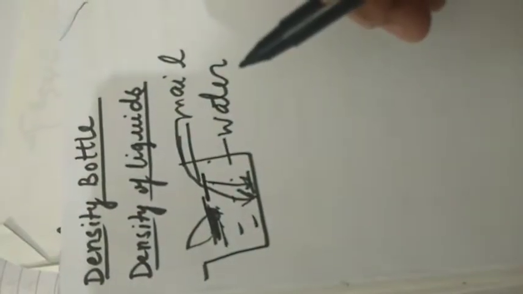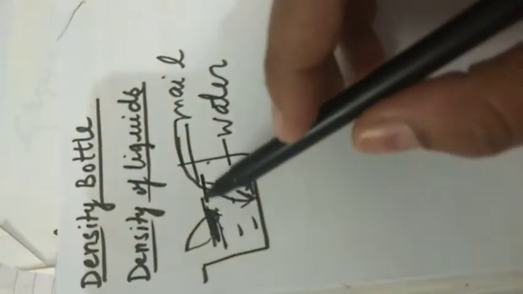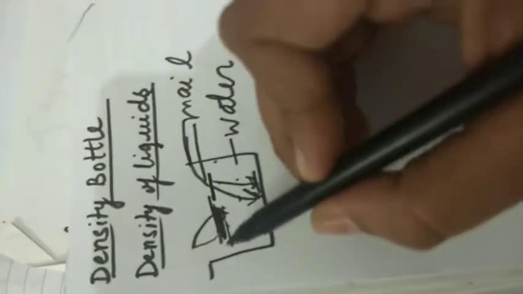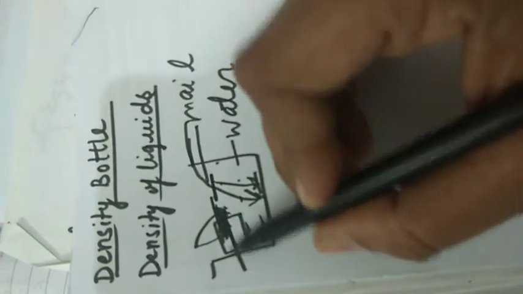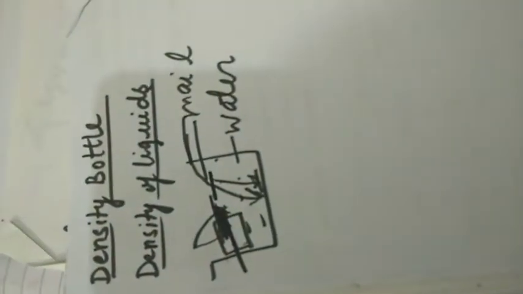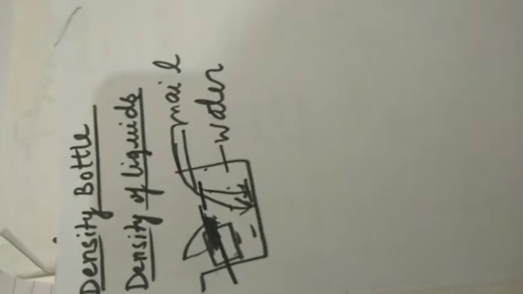The reason we will study in the case. And suppose if we drop an ice cube, you will see the ice cube will partially float and partially submerge in water. That is, it floats half and it is half submerged in water.